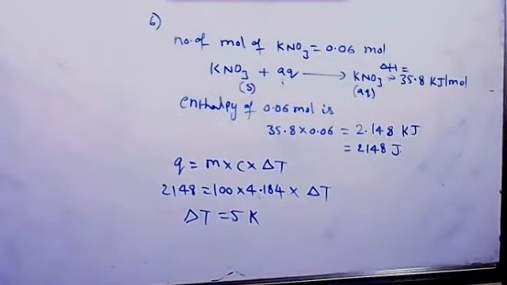This is actually an endothermic process. Endothermic process it is at 298 Kelvin. Actually, the process is carried out, see in the question, at 298 Kelvin. And the process is endothermic, meaning temperature decreases.